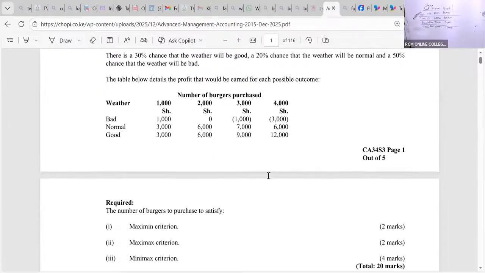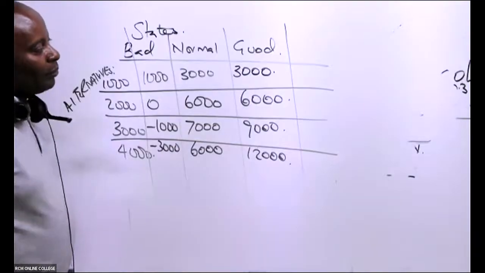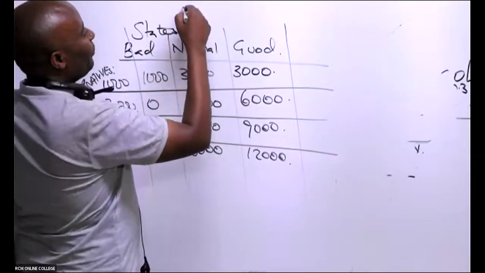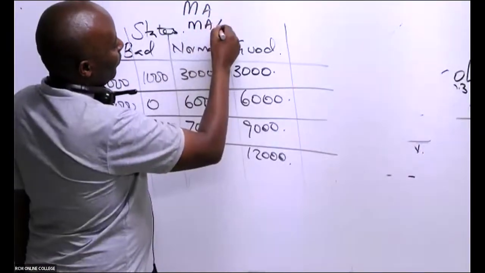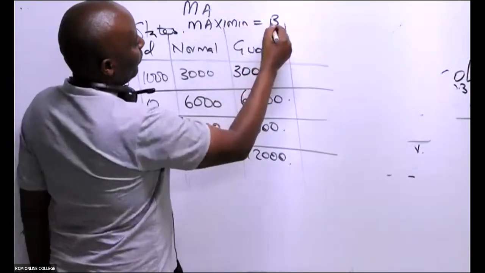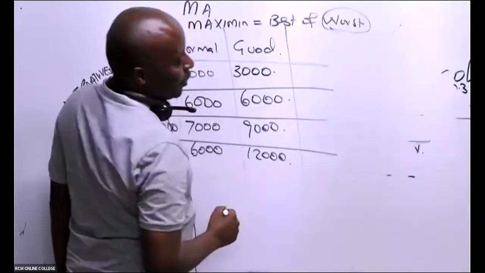So the first one, they want us to give them the number of burgers to purchase to satisfy maximin criterion. Maximin is best of the worst. And first of all, we normally start by the worst.